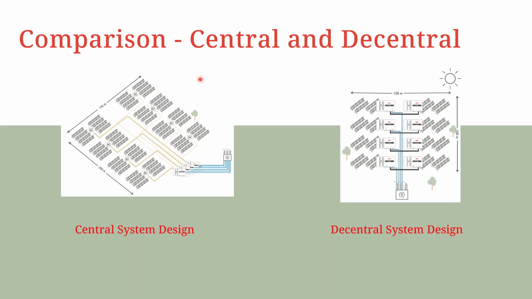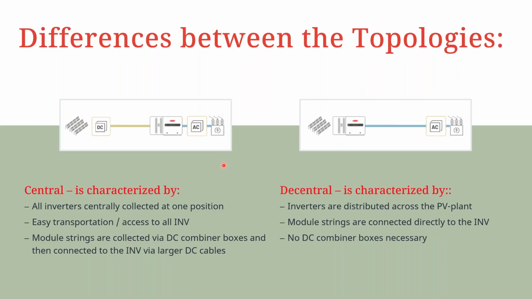So with the Tauro, for example, you can realize a central or decentralized design, and I'm just going to differentiate the two. With the central design, you have all inverters placed at one point, which allows for easy transportation and access to all the inverters if you're going to do service, for example. In this case, you do need to pre-combine all the strings in a DC combiner box, and then you transport the DC power to the inverter using bigger cross-section DC cabling.